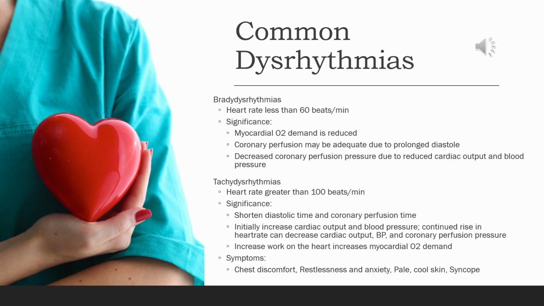But if the heart rate remains elevated, then the ventricular filling time is going to decrease. So we're going to see a decrease in stroke volume, as well as a decrease in cardiac output and a decrease in coronary perfusion pressure. Over time, the heart's workload is going to increase, and so does the myocardial oxygen demand, and this is not going to be sustainable.